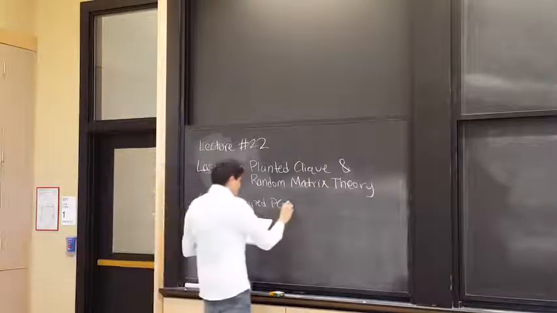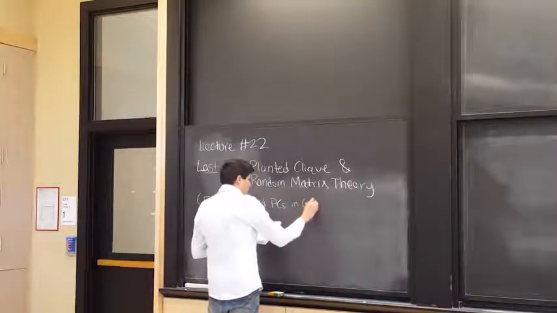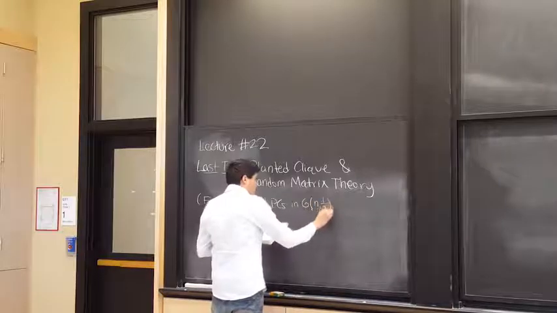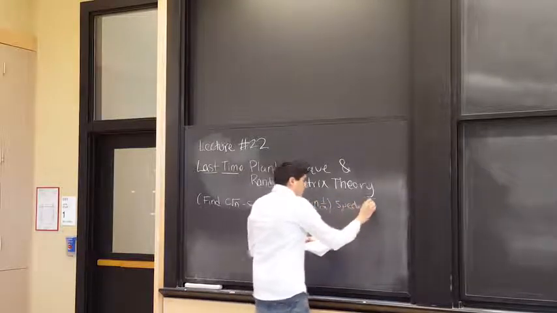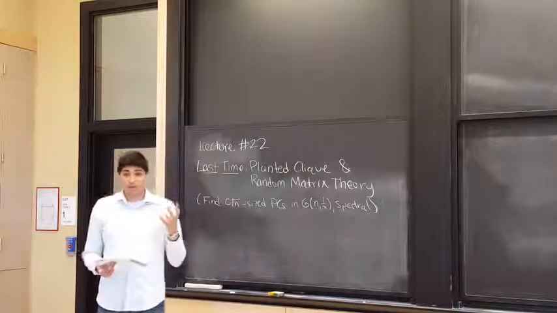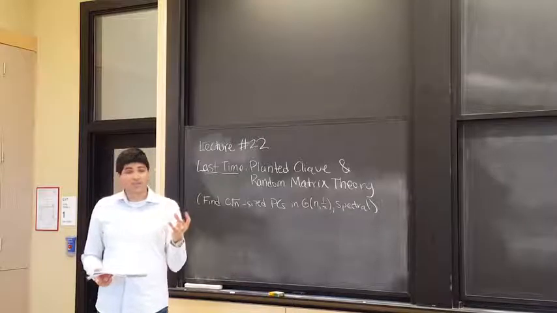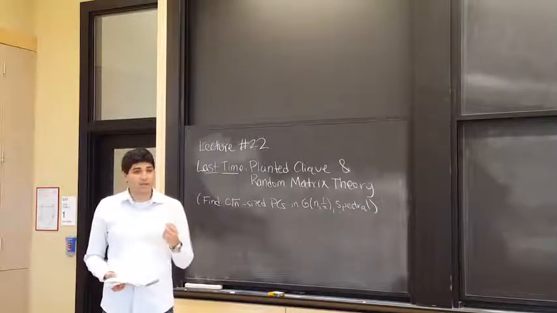But the main idea in finding these planted cliques in these Erdos-Renyi random graphs was to actually use spectral techniques. So the main takeaway from last time was that if you think about the nodes in the planted clique and the edges that are in there because they're in the clique, then that's actually a rank 1 matrix.